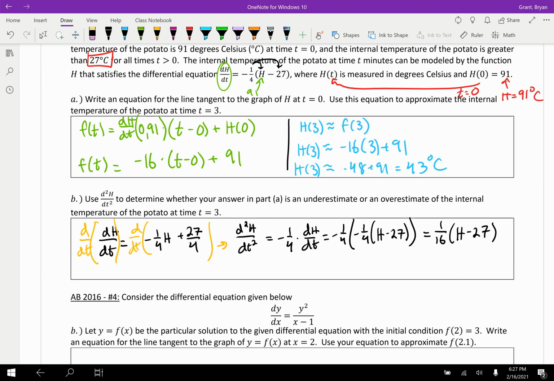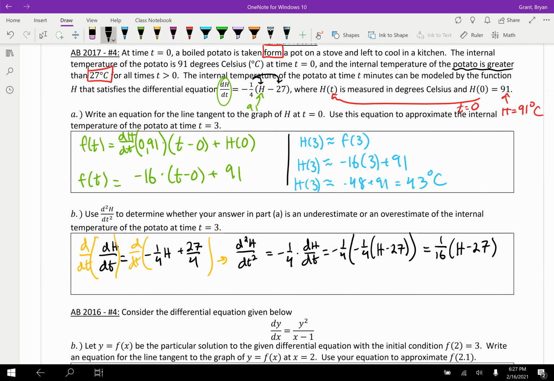Do we know anything about h? Oh, didn't they tell us the internal temperature of the potato is always greater than 27? So we know that h is greater than 27 degrees Celsius.